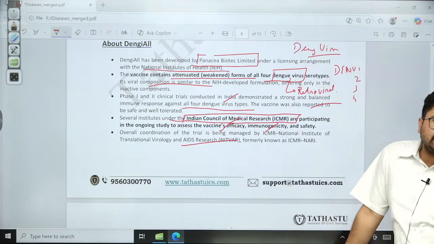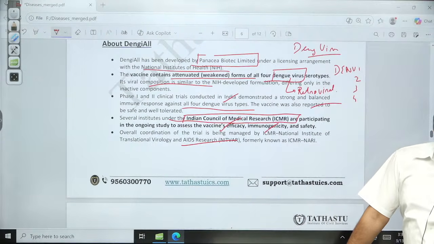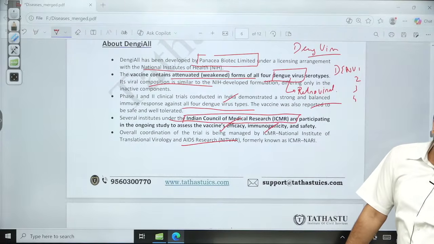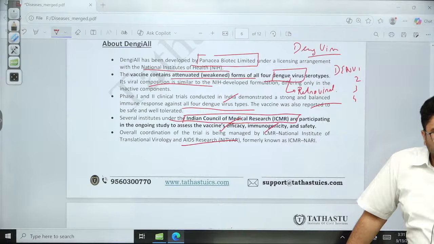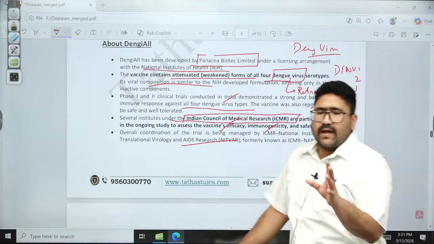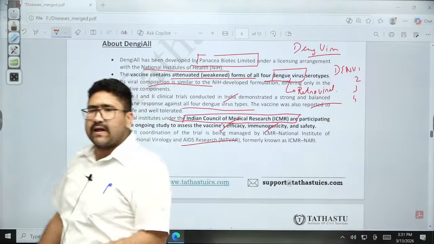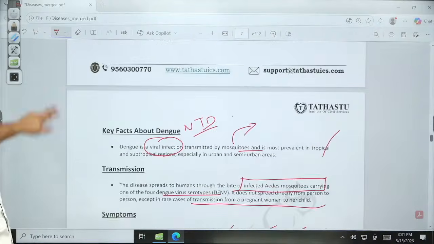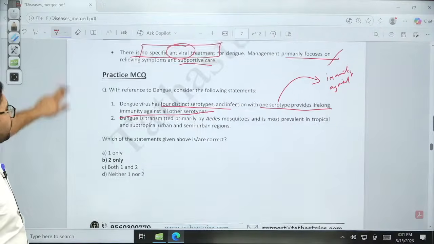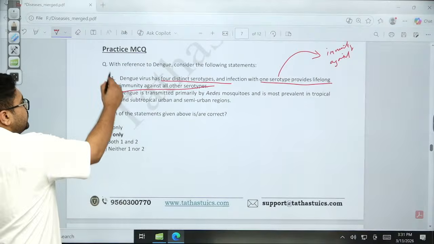So the idea is that आपकी जो वैक्सीन है या जो आपको डेंगू इन्फेक्शन हो रहा है, any one of the dengue viruses will get you infected. The body will create antibodies and will kill the virus, but it will also create immunity for the other types. All other 4 types के लिए immunity मिलेगा, लेकिन लाइफ लॉन्ग immunity मिलेगा ये नहीं है. Therefore this first statement becomes wrong.